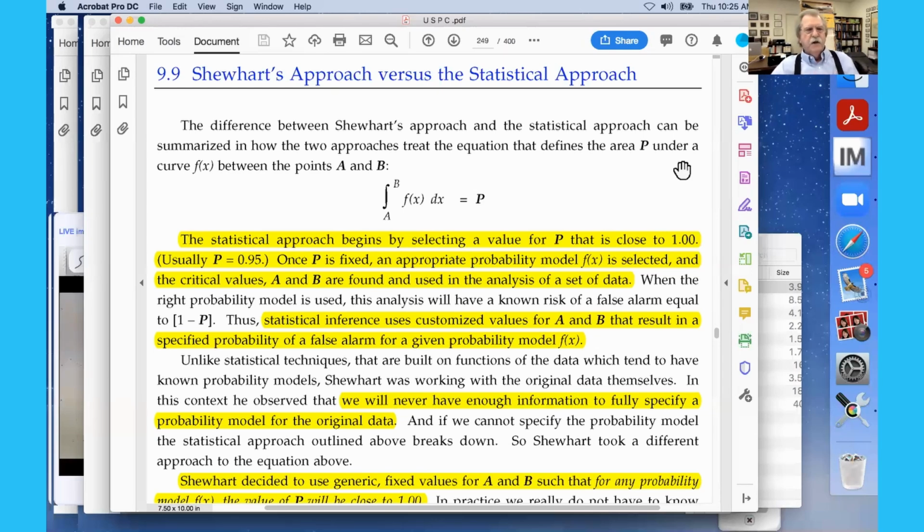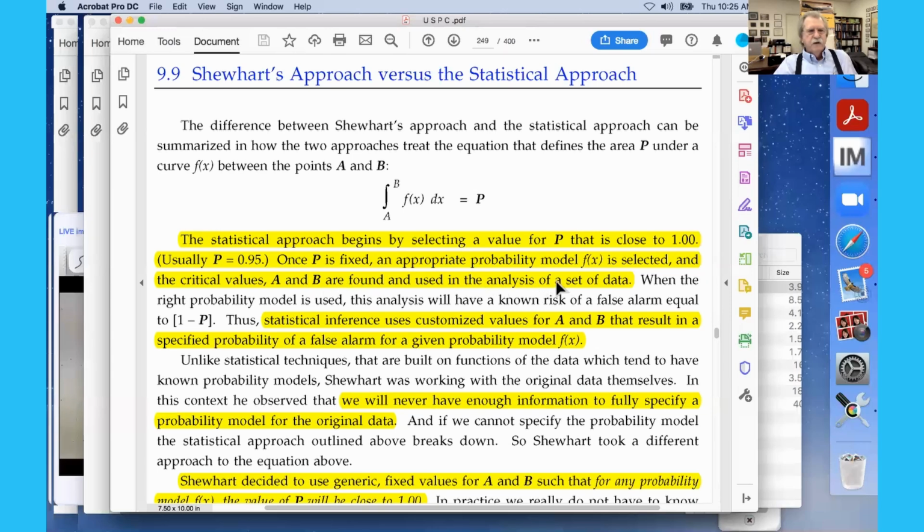Now, the statistical approach to this equation: we select a value for P that is close to 1, usually 95%. Once P is fixed, we pick an appropriate probability model, f of x. And with that model, we then solve the equation for A and B to find the critical values.